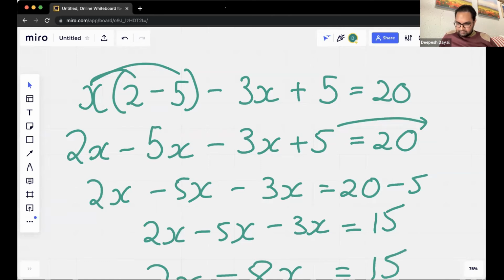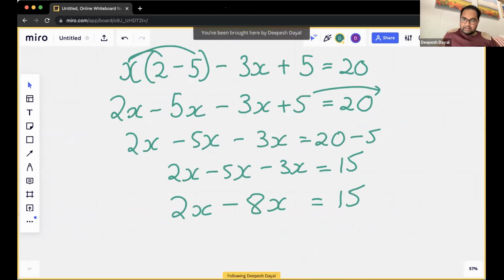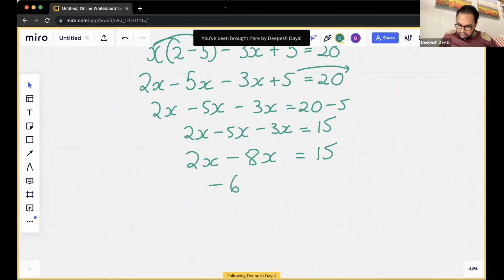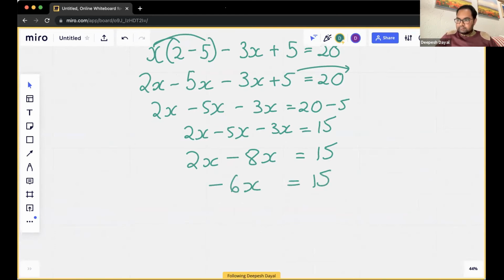And then we are left with negative 6x. Yes, 2x minus 8x is negative 6x, equal to 15. And then we divide both sides by 6. We must not forget x is still negative, so we're going to change it.